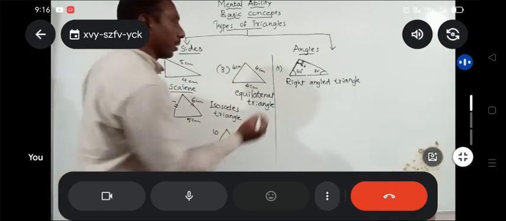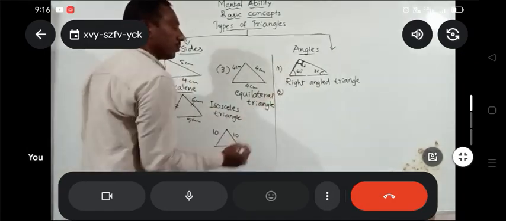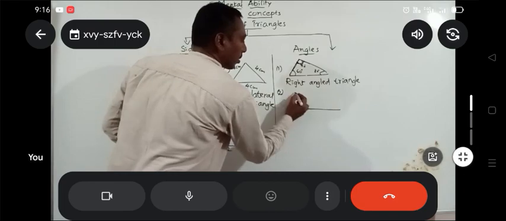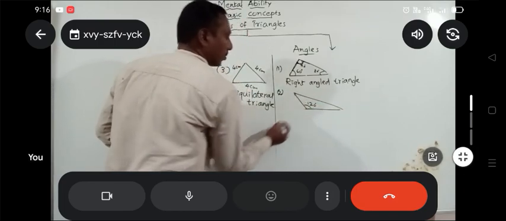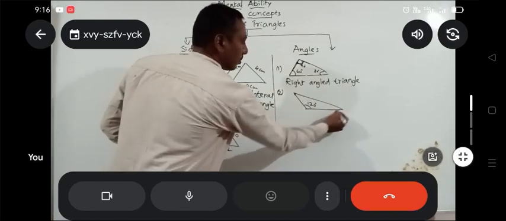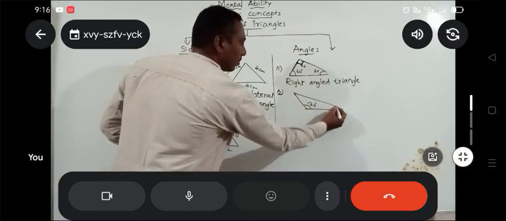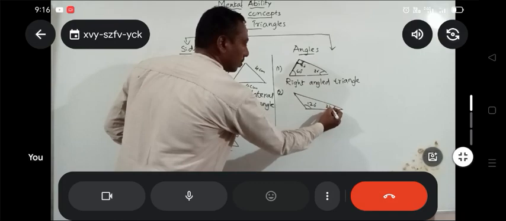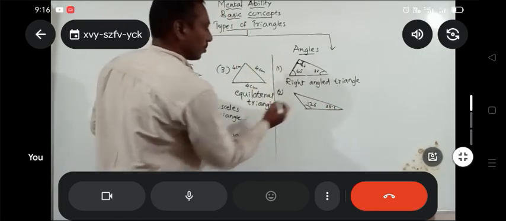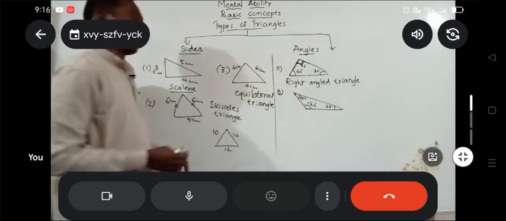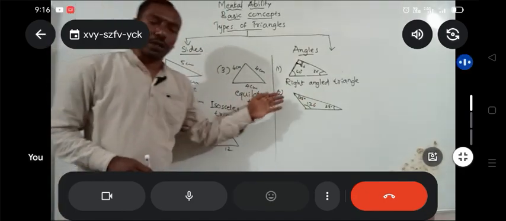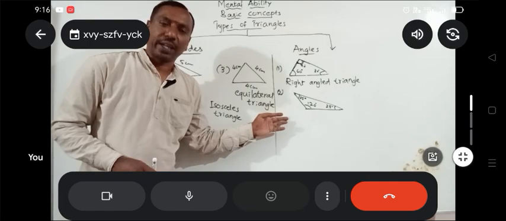Now, I will draw another picture. I have drawn a triangle here.